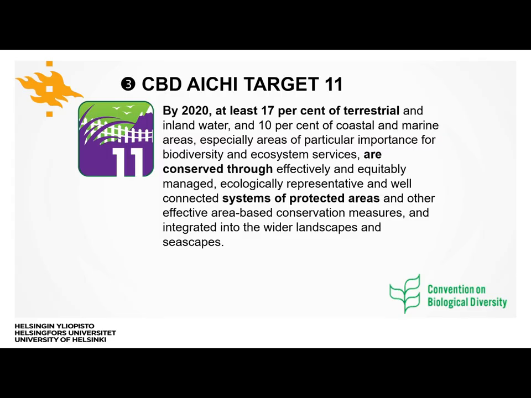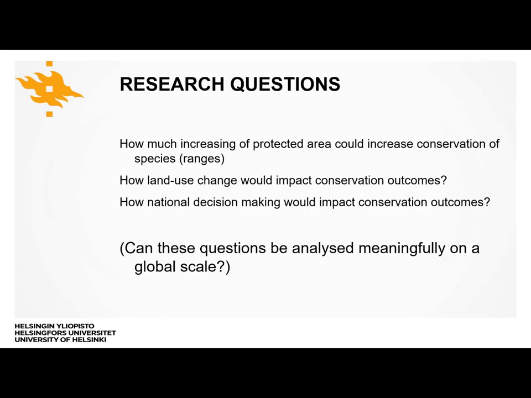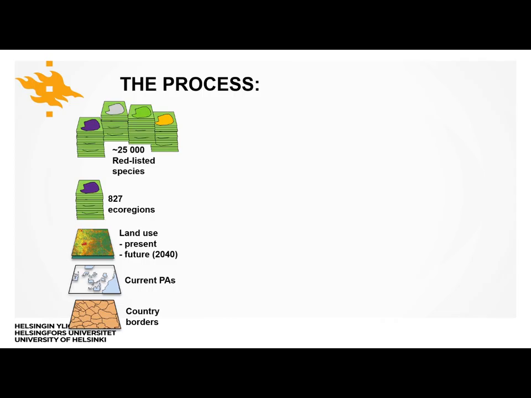We attempted to make a global prioritization of where we should make the expansion from 11 to 17% globally, nationally, and considering the land use. So only terrestrial vertebrates are taken into account, and that means mammals, birds, reptiles, amphibians, basically. So no plants, no insects in this.